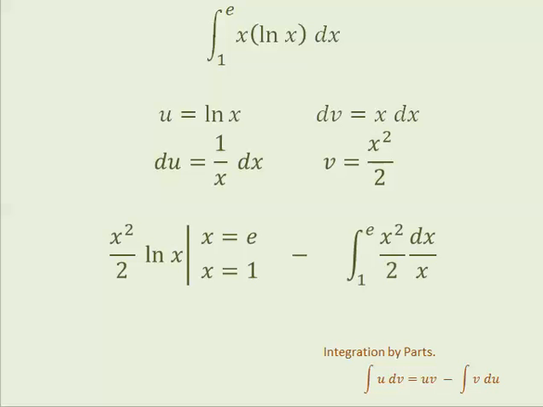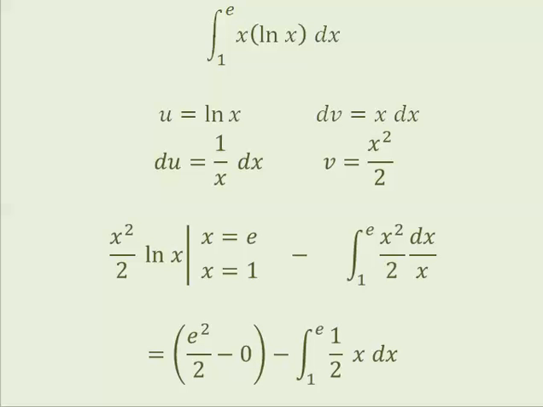Let's go ahead and evaluate the first part. Keep in mind when you evaluate that log of e is equal to 1 and log of 1 is equal to 0. And so the piece on the left is just e squared divided by 2 minus 0. Then notice also in my integrand I have simplified.